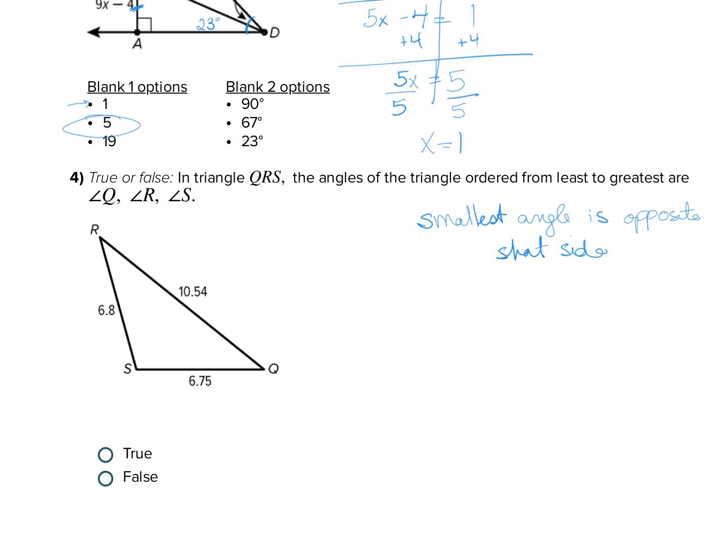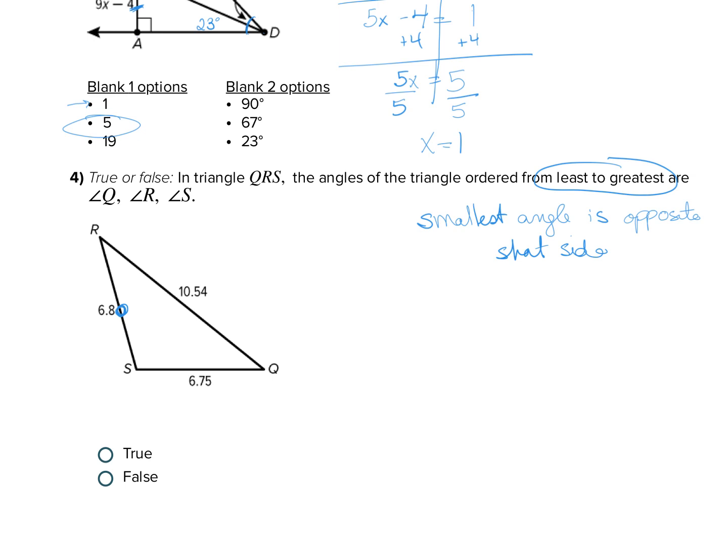Okay, so we're looking from, again, least to greatest. So I'm going to determine which side is the shortest first, so I can determine the smallest angle. Well, if the decimals throw you off, think of it in terms of money. Okay, and I can always add a 0 after the 8 so that all the decimals have 2 decimal places.